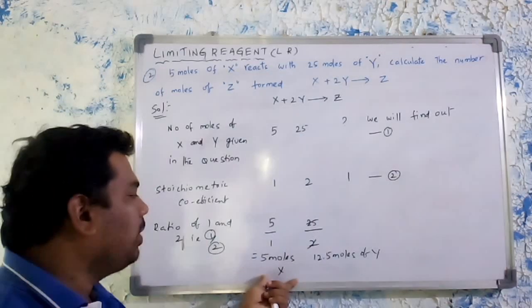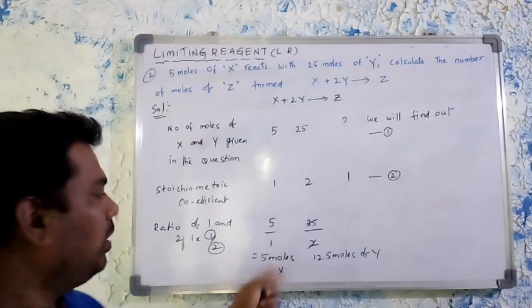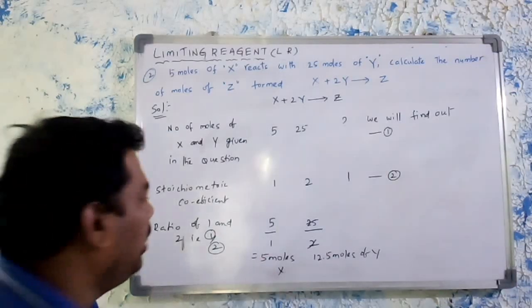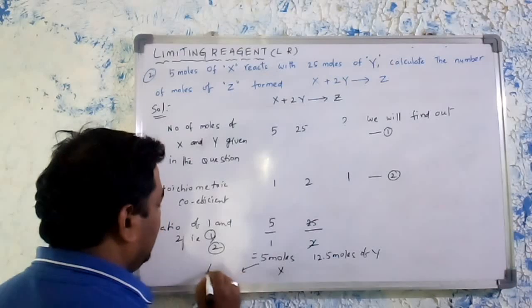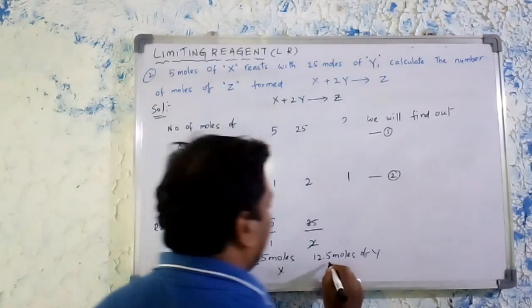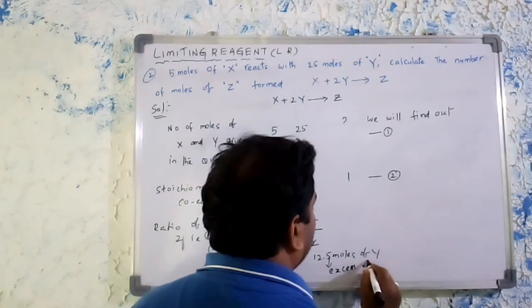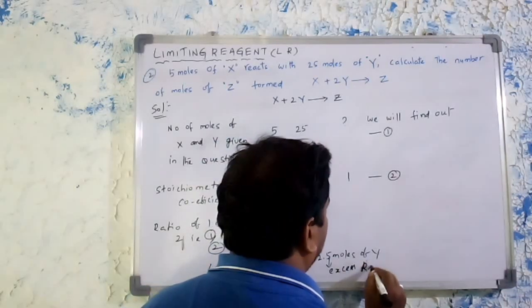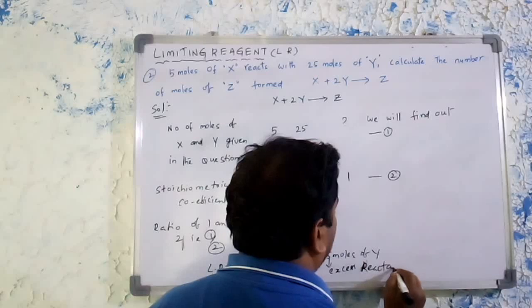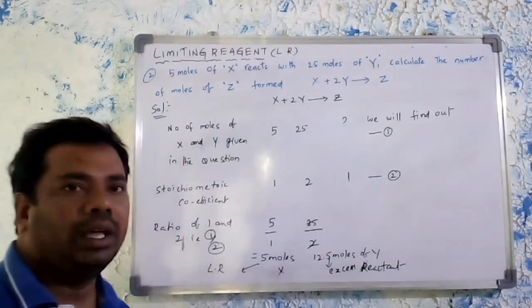So here, based on the number of moles, X is the limiting reagent and Y is the excess reactant.